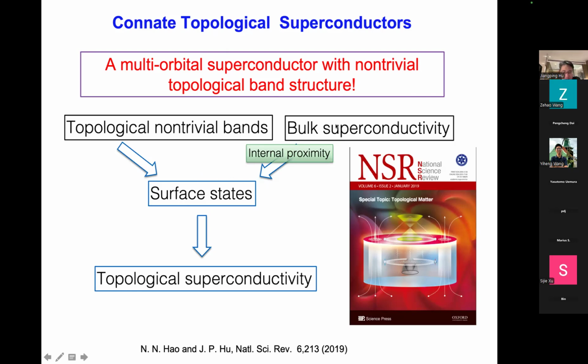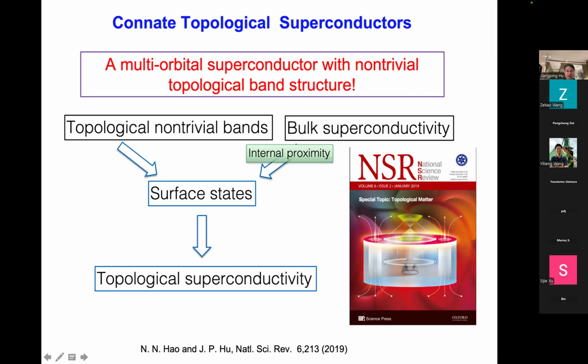And since the bulk material is superconducting, this surface state has an internal proximity effect from its own bulk superconductor, and the surface state becomes a topological superconductor.